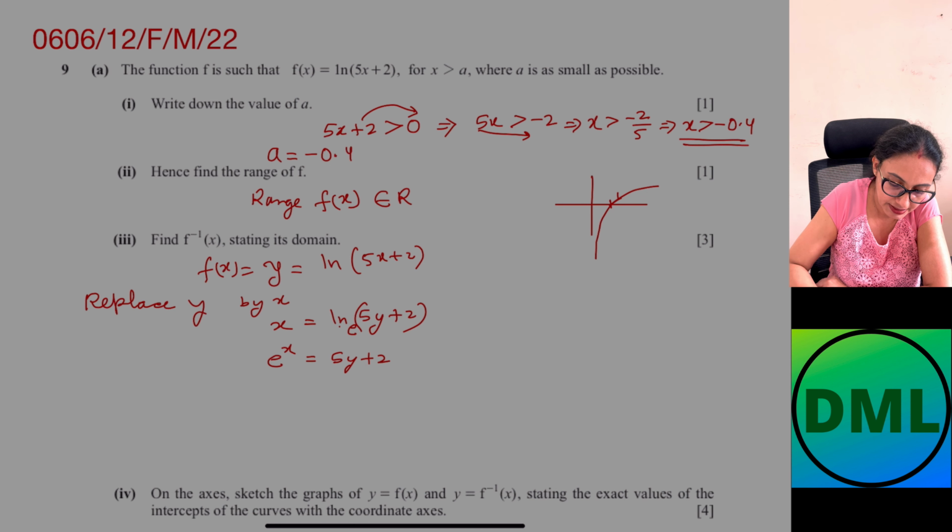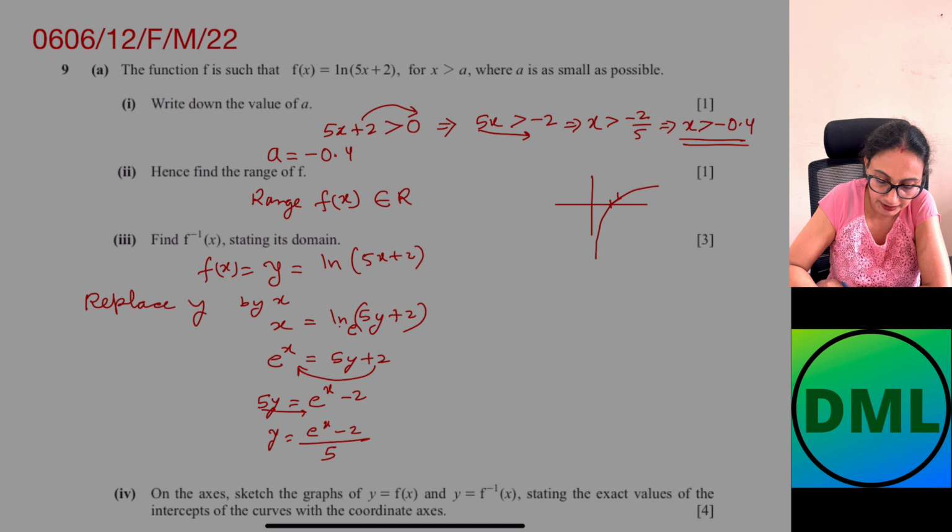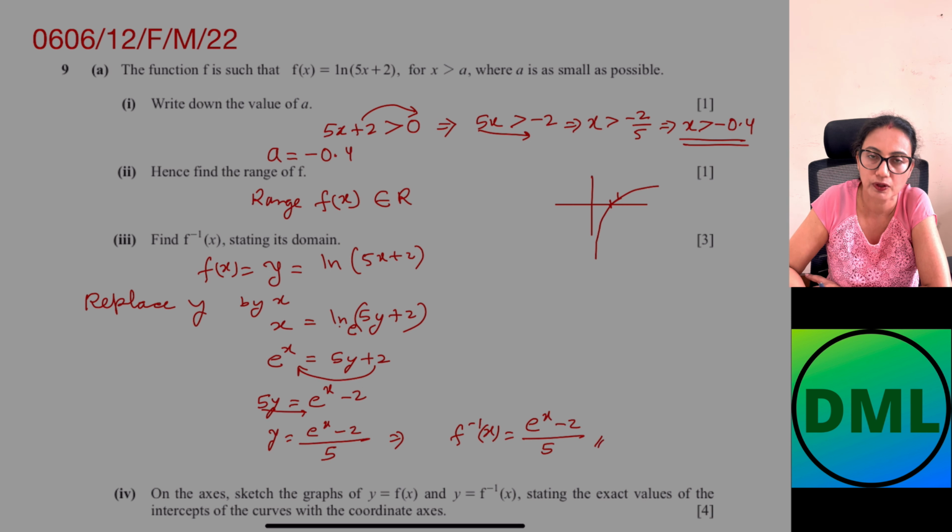I need to get the answer for y. So move this 2 to the left hand side. This will be given by 5y is equal to e to the power x minus 2. Y will be given by e to the power x minus 2 over 5. Divide by 5 on this side. This is not y. This is f inverse of x is equal to e to the power x minus 2 by 5. This is your inverse function and that is your answer.